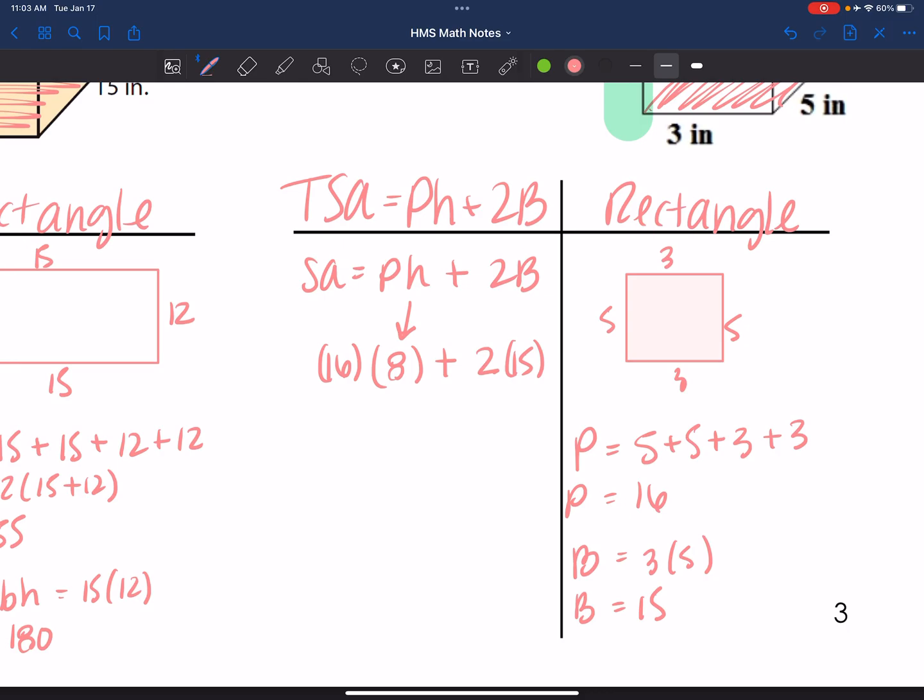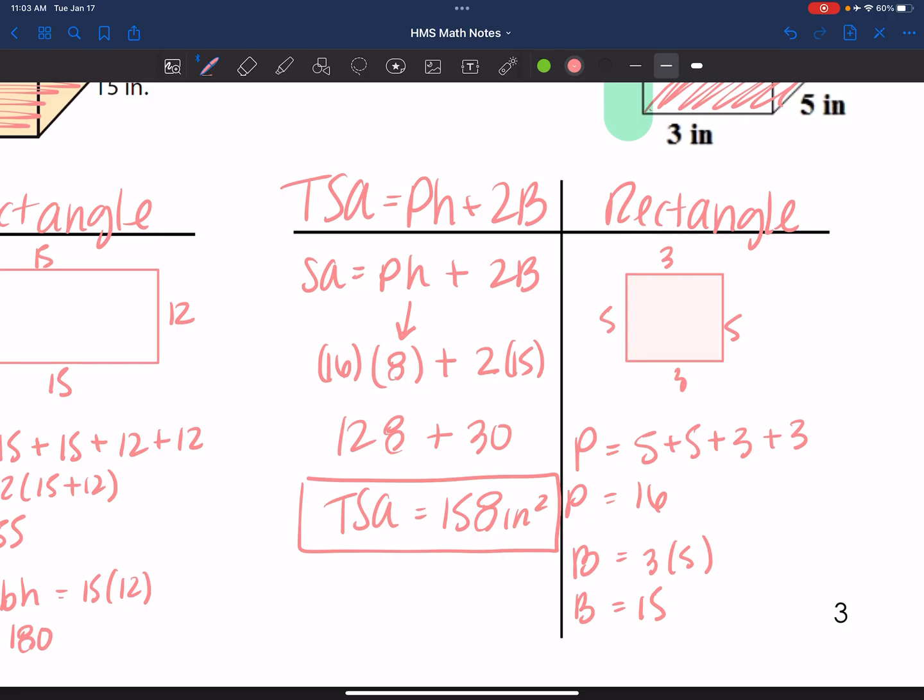Cool. Let the calculator do the work. 16 times 8 is 128. 2 times 15 is 30. Then we're going to add those two together. So the total surface area for this rectangular prism should be 158 inches squared.